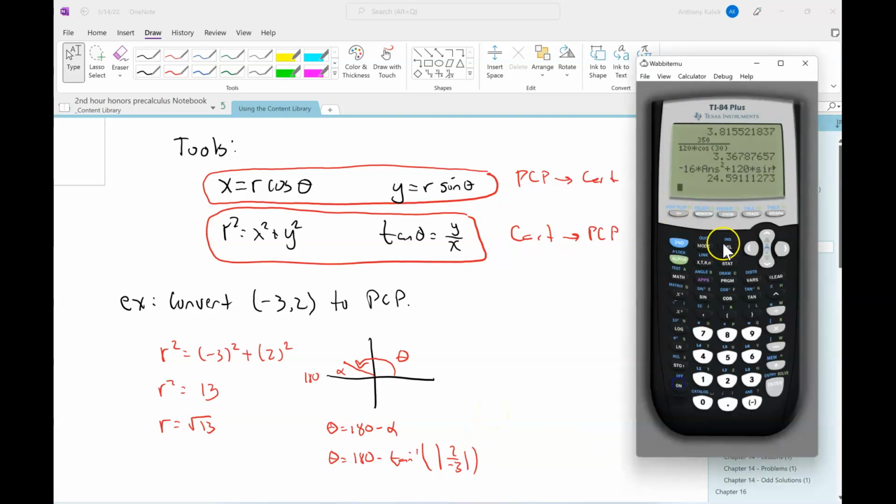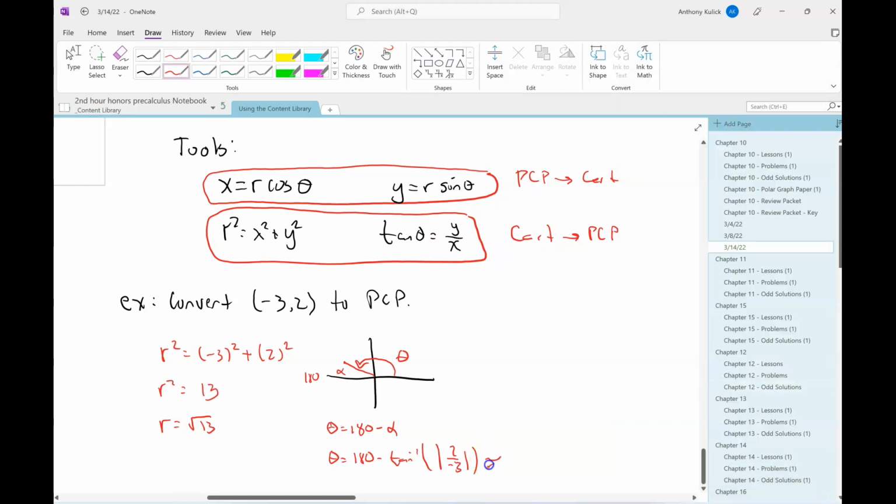Make sure my calculator is in degree mode. Oh, good. Because I think I'll give this in degrees, don't you? If my radians aren't going to be a unit circle value. And notice when I'm typing this into my calculator, I'm not bothering with the absolute value because I did the absolute value part in my head. That's why it's tan inverse of 2/3 instead of negative 2/3. So I get 146 and some change.